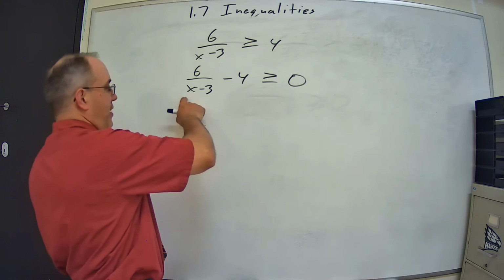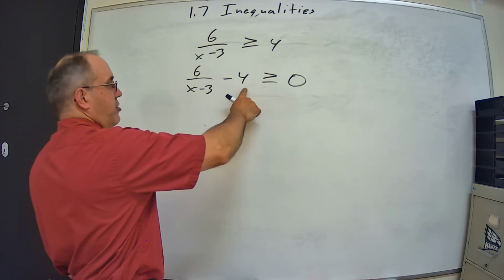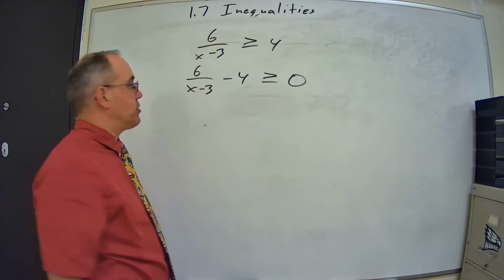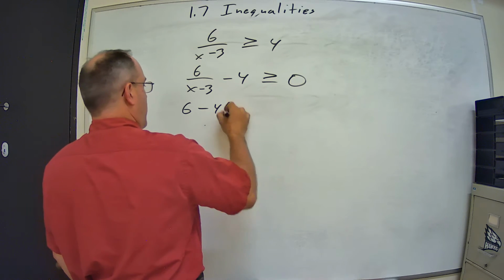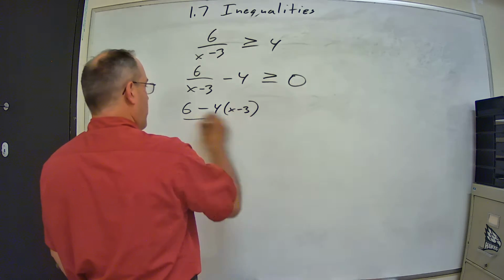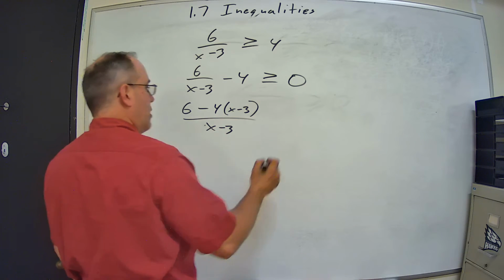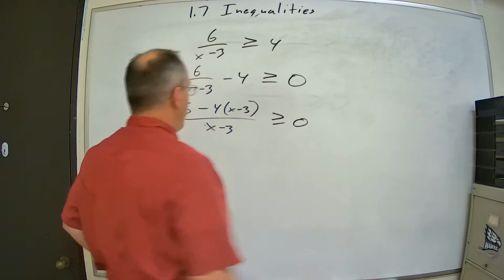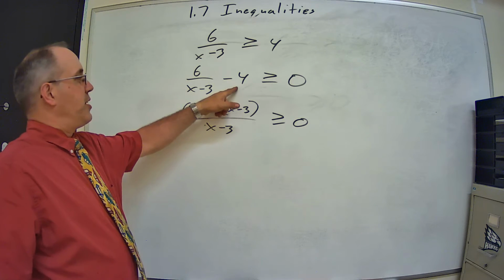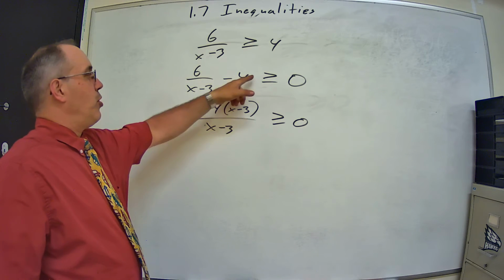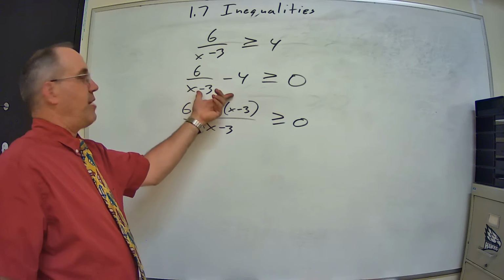So I've got x minus 3. This is over 1. Common denominator, x minus 3. So 6 minus 4 times (x minus 3) over x minus 3 greater than or equal to 0. If you're asking what I did there, just remember, to get this over x minus 3, I multiply the top and bottom by x minus 3, and then I've got a common denominator.